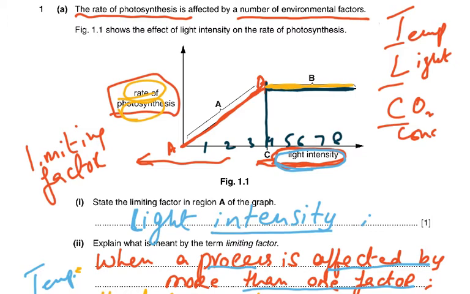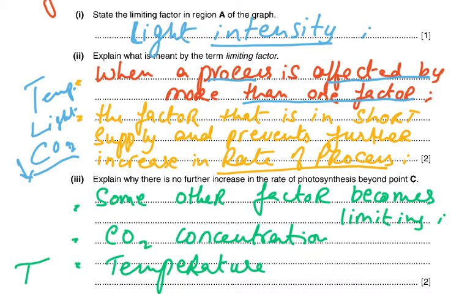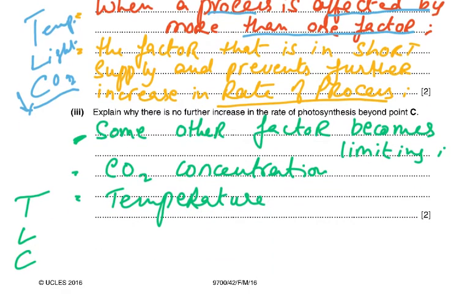What we have to understand is that some other factor becomes limiting. Even if you wrote that some other factor becomes limiting, you actually got a mark for that. And that could be the other two factors, as I just told you, TLC. So if light is not the limiting factor, some other factor is limiting. Now that can be either CO2 concentration or temperature.